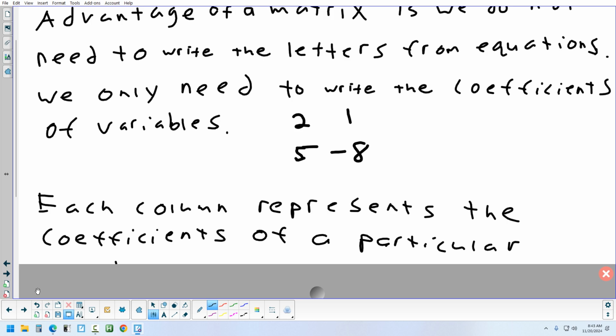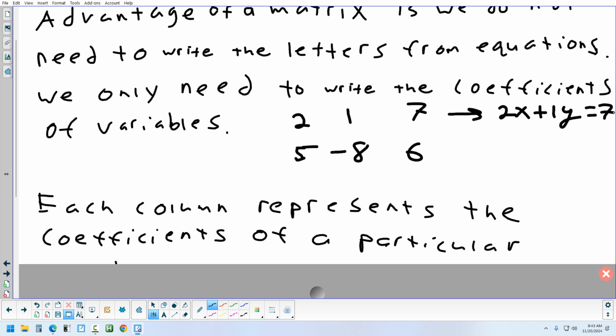So let's say we had something like this, and let's use different numbers so there's no confusion. If you wrote that down, that top row would mean 2x plus 1y equals 7. That matrix is a shorter way of writing down that equation.